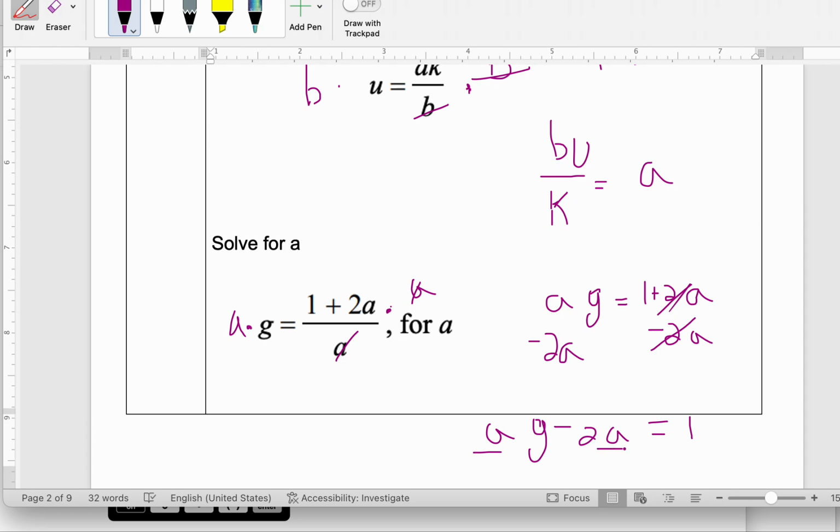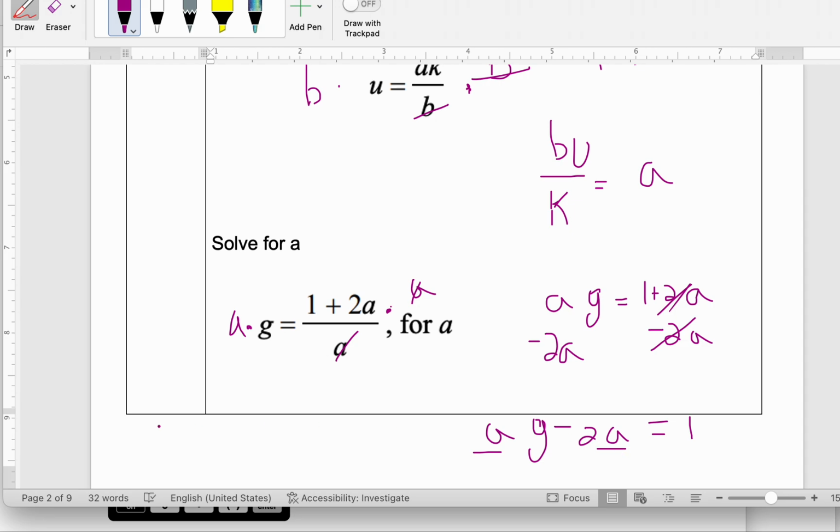So we have AG minus 2A equals 1. Now, I want you to notice, just like in that first problem we did, we have an A in both terms. We don't know what G is, but the G and the 2 we could call coefficients, because that's what we would be taking away. So we have the G amount of A's and we have negative 2 amount of A's.